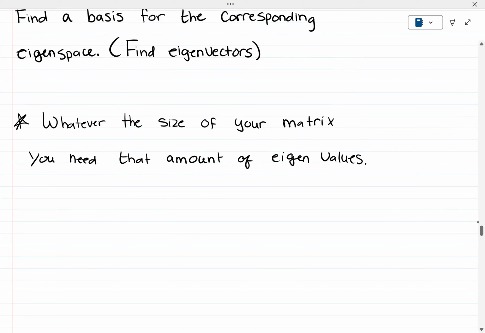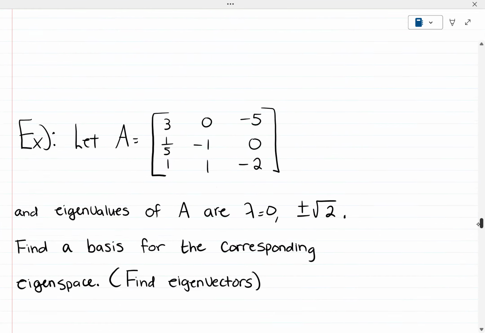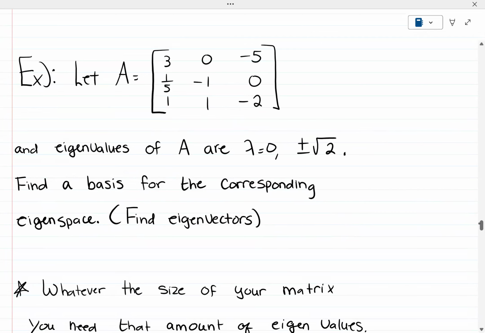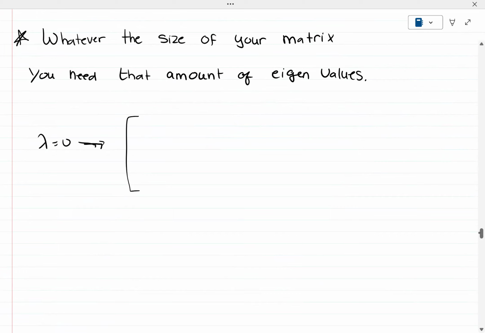So what we're going to do is set it up like this. You're going to say lambda equals 0. The first number in matrix A was, I think, 3, so it's going to be 3 minus lambda, and then this is still 0, and this is -5.